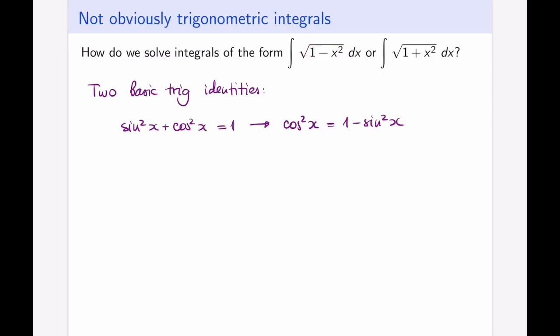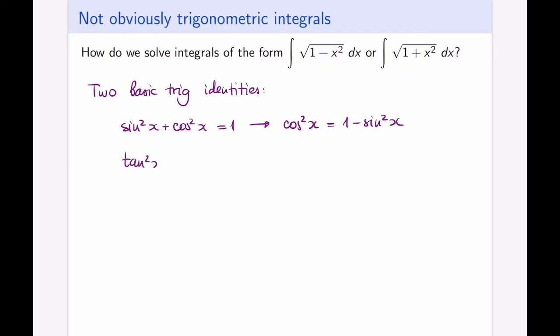So the even powers here really help us to simplify the square root. My second basic trigonometric identity can be derived from the first one by simply dividing everything by cosine squared x. What am I going to obtain? Sine squared x over cosine squared x is tangent squared x. Cosine squared over cosine squared is simply 1, and 1 over cosine squared is secant squared.